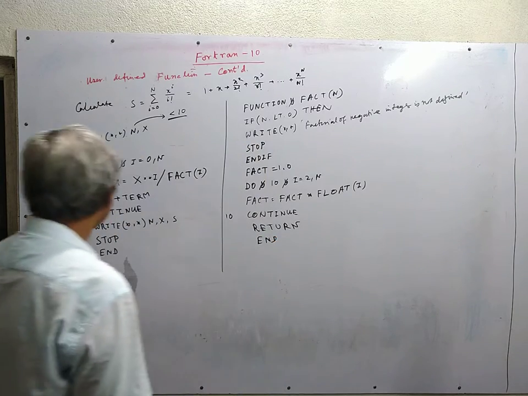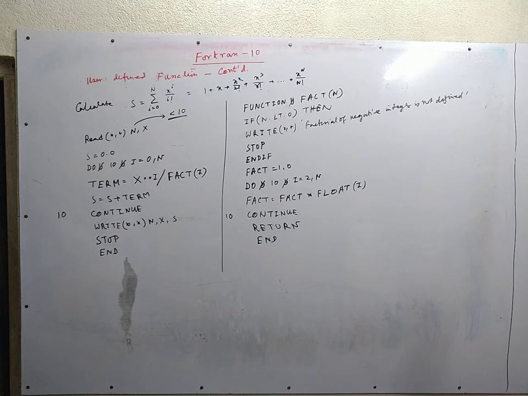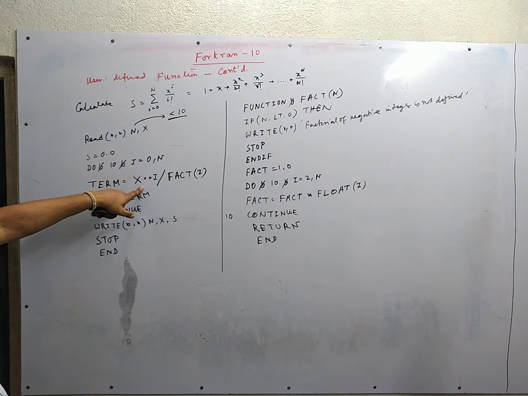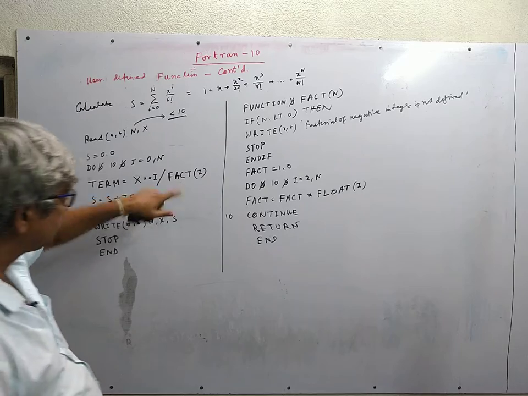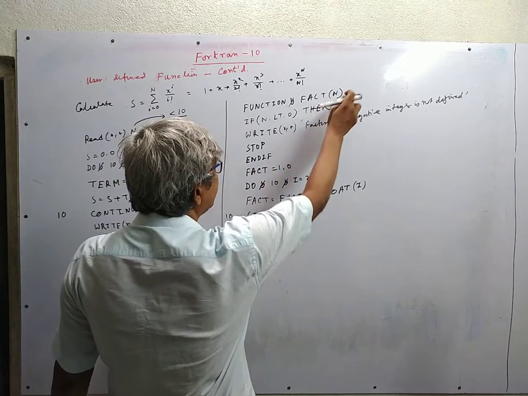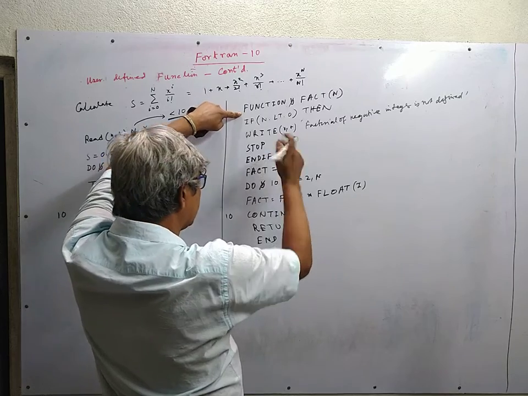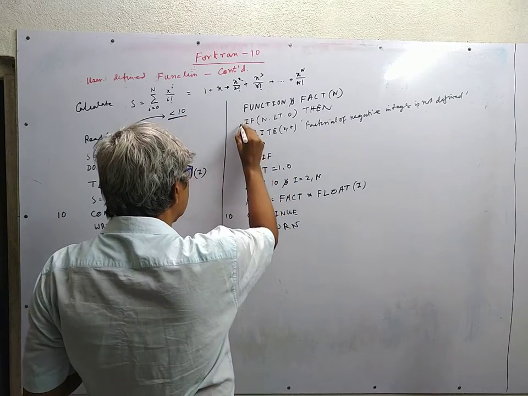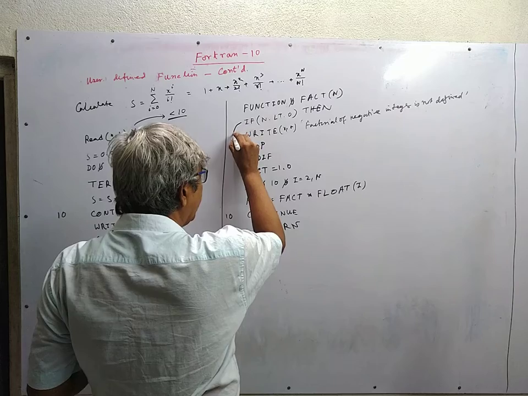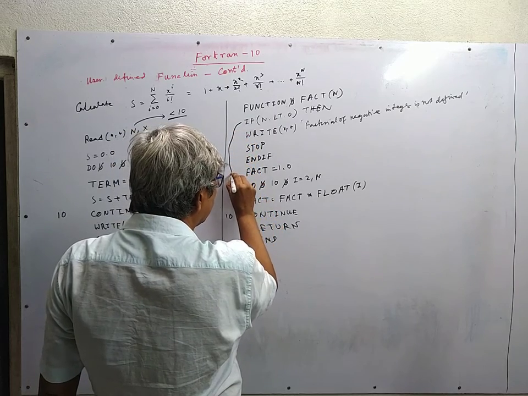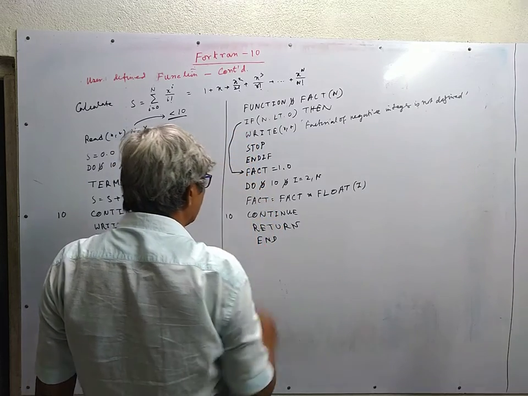So how does the program work? Firstly it takes the value of I is equal to 0. It calculates x to the power 0, which is 1, then fact of 0. First it checks whether it is negative. No, it's not negative, so it comes directly to this.